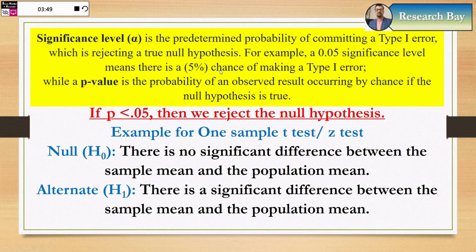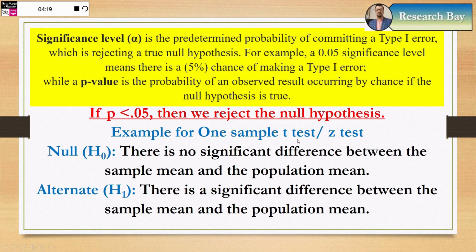So, by setting the significance level, you reduce the risk of rejecting a true null hypothesis. And when you don't reject a true null hypothesis, then what is the chance that you are getting the probability of that observed result? The decision is made by you on a chance level. So that is p-value.